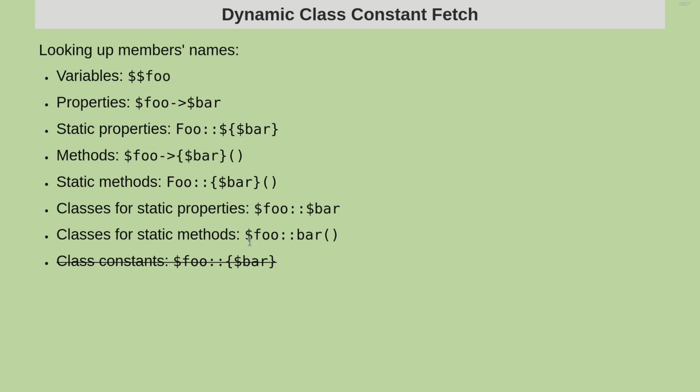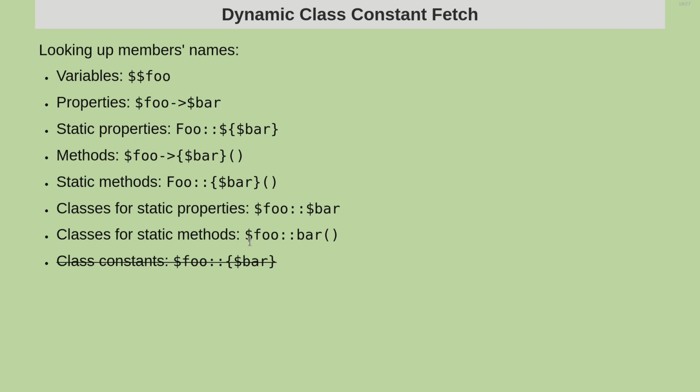Now, there are lots of different ways of doing dynamic fetches of properties and things like that. You have probably once in a while used variable variables. Luckily, you don't see that as much anymore as you used to. But accessing a dynamic property is something that you use quite a bit, right? You use $foo, arrow, $bar, and then $bar is a value containing a string that has the name of your property.